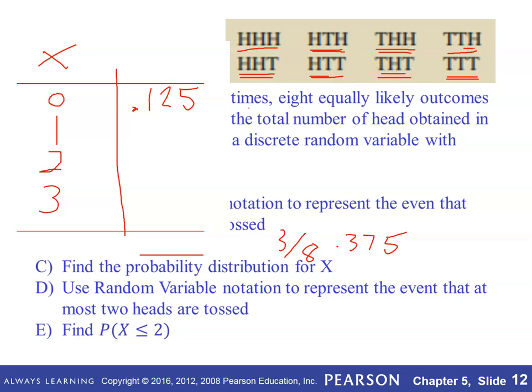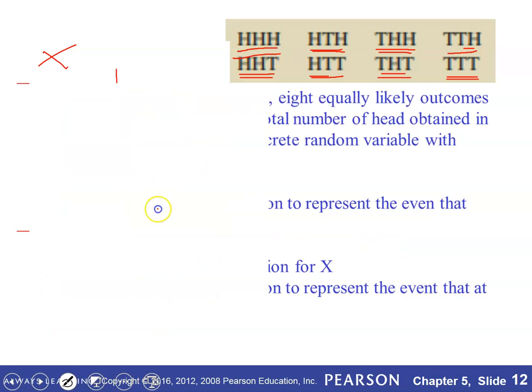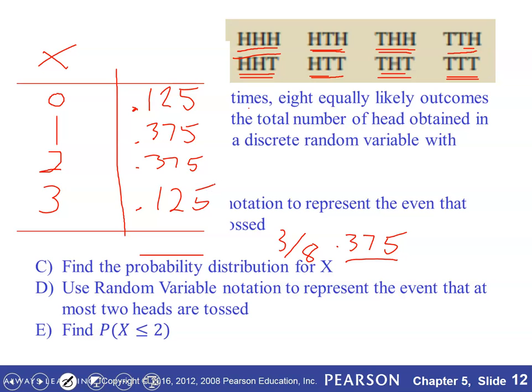That's 3 out of 8, which is 0.375. The probability that it shows up twice, we already did that over here. That's also 0.375. And the probability that a head shows up all 3 times, well, that's 1 out of the 8 times, which is 0.125. Notice that these all should add up to exactly 1.